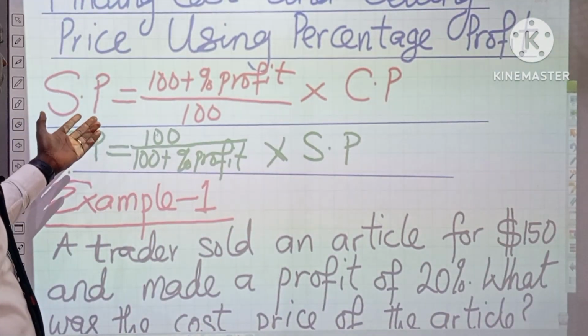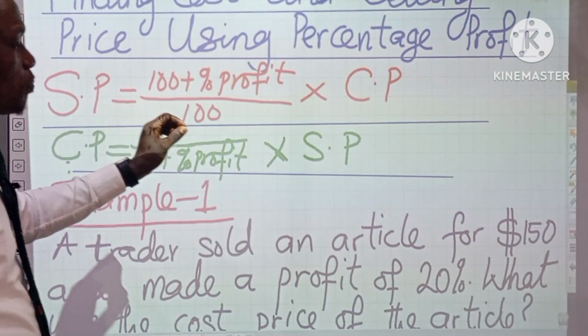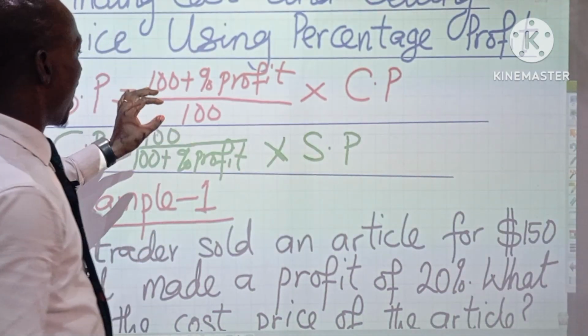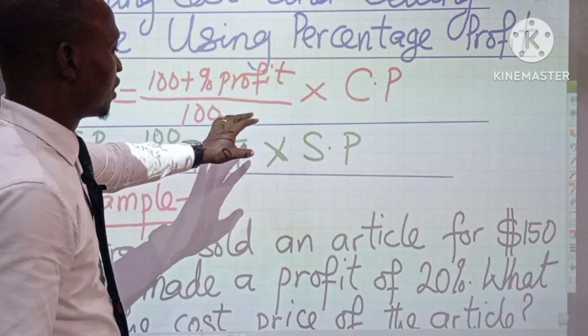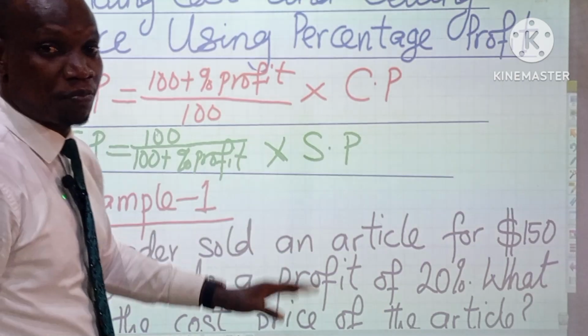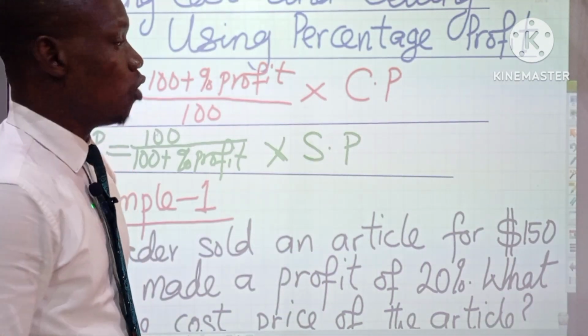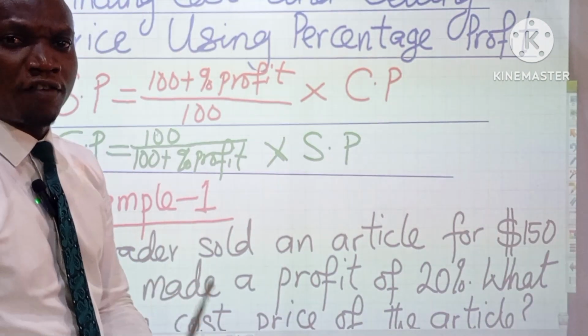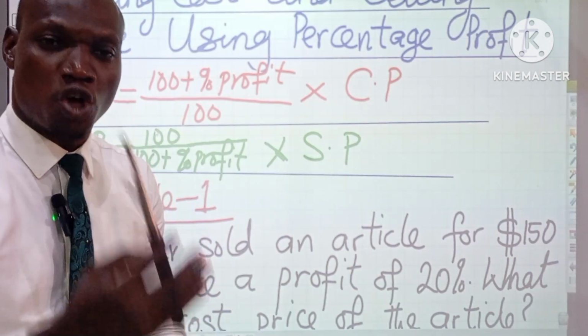Now, for looking for the selling price when percentage profit is given, we simply add 100 to the percentage profit, equating to about 100 times the cost price. The percentage of the cost price is constant, it is always 100.